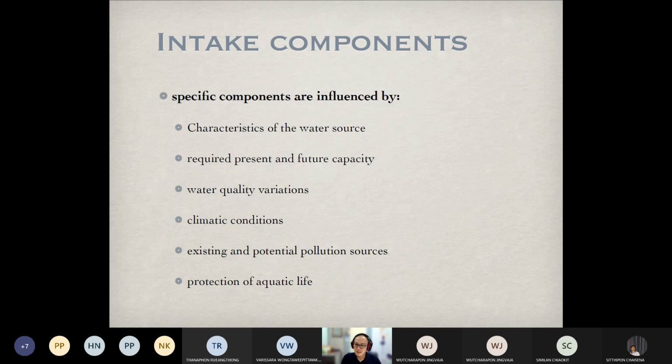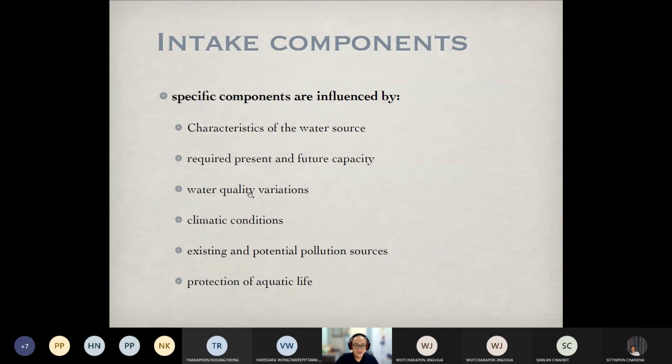We need to be concerned whether it would block the navigation systems or the transportation systems in the water or not, and many other factors we need to be concerned about in how we use that water resource.